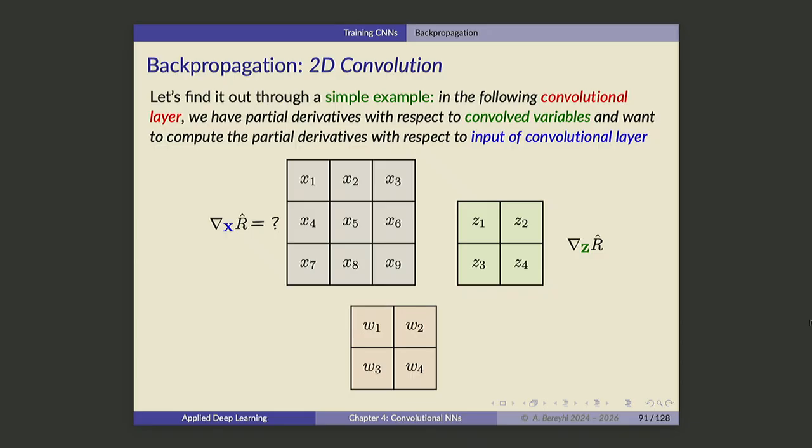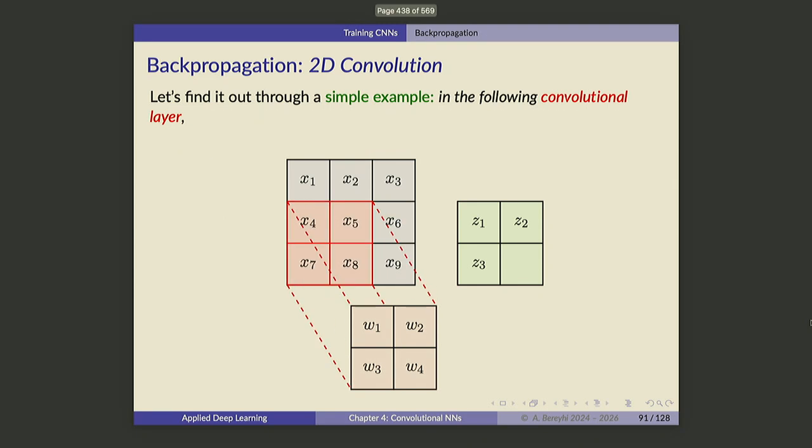I got the gradient with respect to z. Now to get back from z to x, it's going to be the gradient with respect to z times the gradient of z with respect to x, right? I just expand that term. So the gradient of r hat with respect to z1 times the gradient of z1 with respect to x1, right? Again, the gradient of r hat with respect to z2 times the gradient of z2 with respect to x1. And I keep on going like this, right? Everybody's cool? Questions?